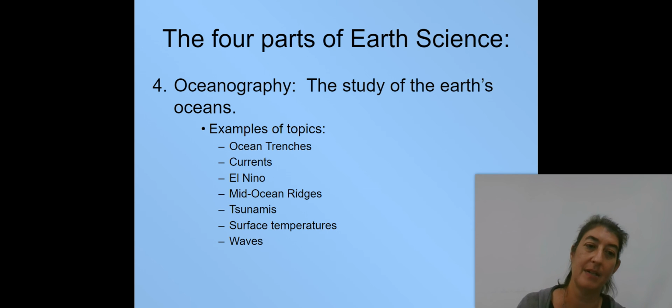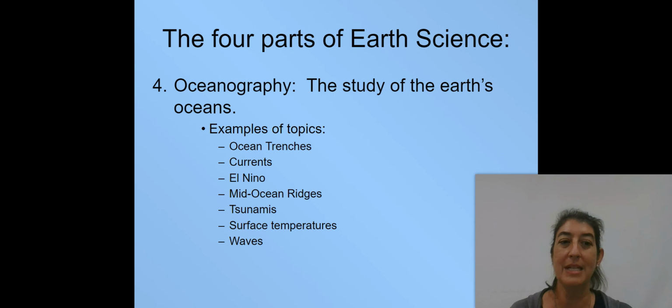The fourth unit of study or branch of earth science is oceanography, and it's the study of the Earth's oceans. We tend to take this unit and kind of break it up and put it in with the other ones.